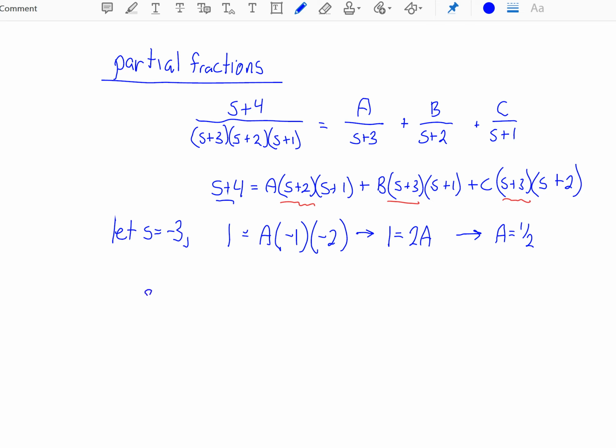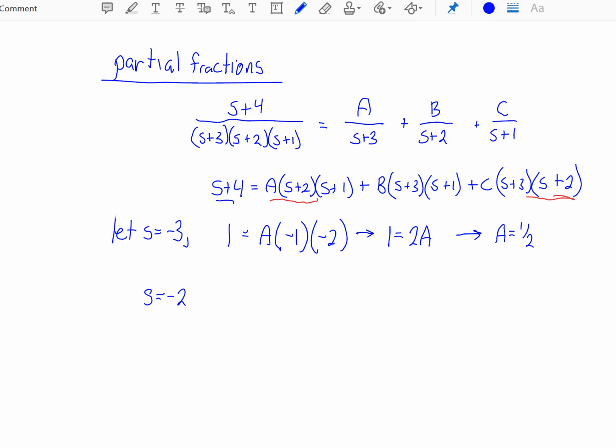Similarly, if we let s equal -2, we're going to reduce the number of terms on the right-hand side of our equation. If s is -2, this factor and hence this whole term goes to 0. And this factor and hence this whole term goes to 0. So we just get left with our middle term.